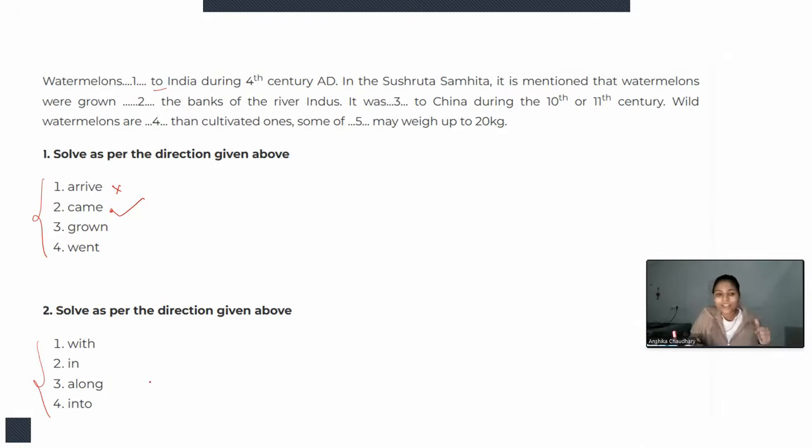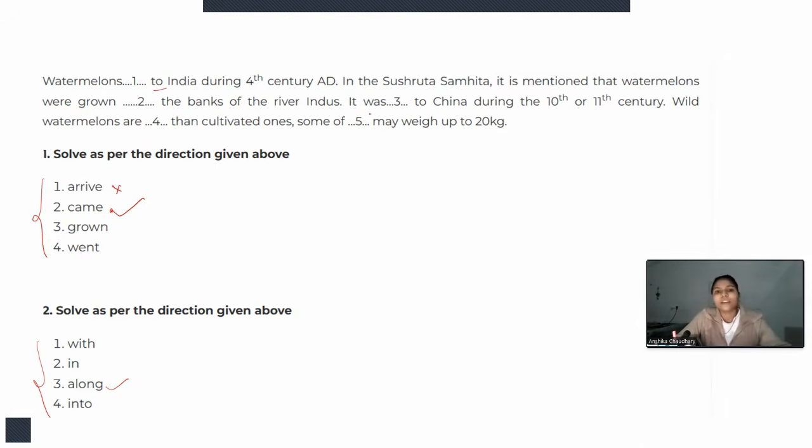Among these four, 'along' is the most appropriate preposition to use because 'along' clearly describes that something is present or being grown beside the bank of the river, right? So 'along' is the best fitted preposition here. 'With', 'in', and 'into' are not well fitted in the context of this sentence.